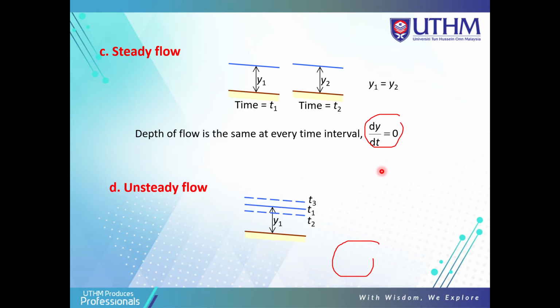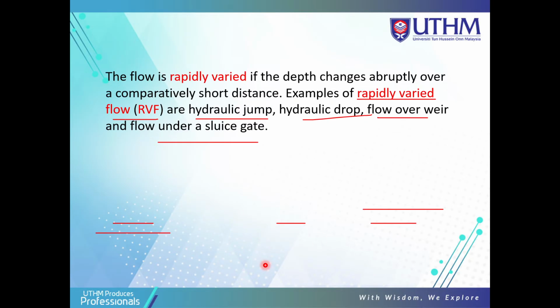For unsteady flow, y1 is not equal to y2 and not equal to y3, because t1, t2, and t3 are not the same. The depth of flow changes from time to time. So that is the unsteady flow.